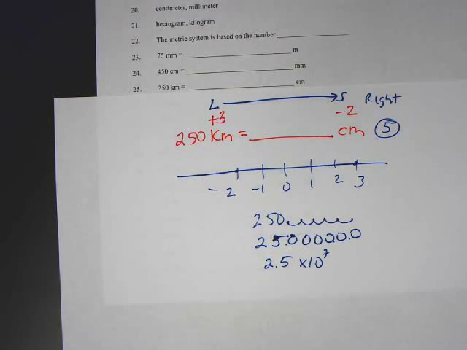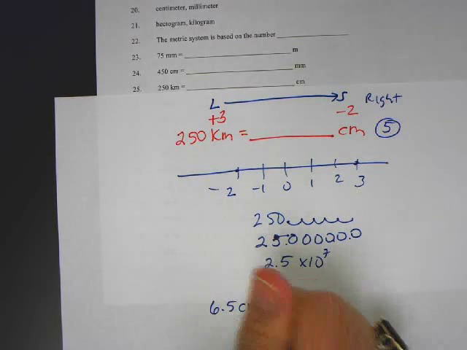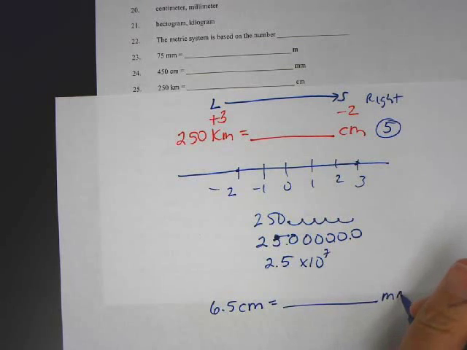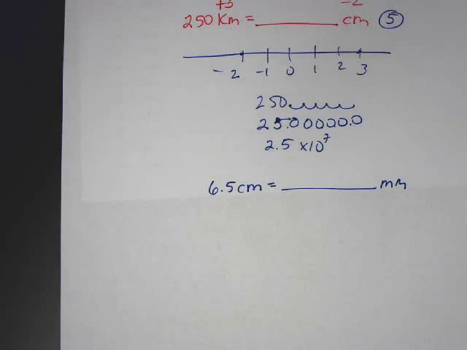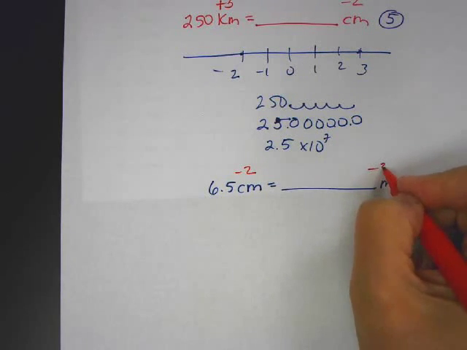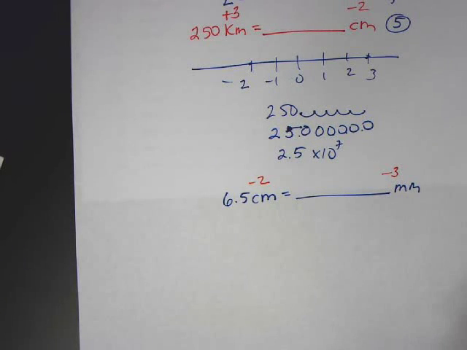One where people always make a lot of mistakes is going to be number 30, believe it or not. So I have 6.5 centimeters, and now I want to know what that is in millimeters. So remember that centi means 10 to the negative 2, and milli is 10 to the negative 3. So I know I'm going to move 1 decimal point, but people always move the wrong way.